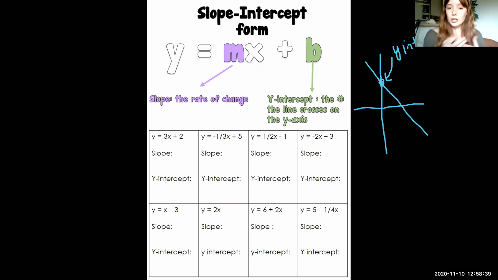So we're going to go through each of these examples and find the slope and the y-intercept. The top part is pretty straightforward, and the bottom part gets a little bit more challenging. If we look at the first example, our slope is the number in front of the x, so our slope is 3.